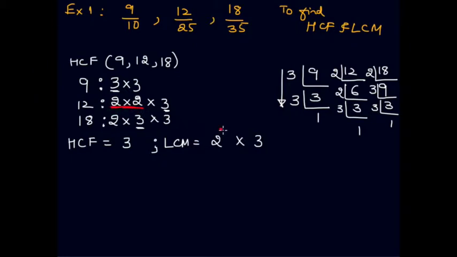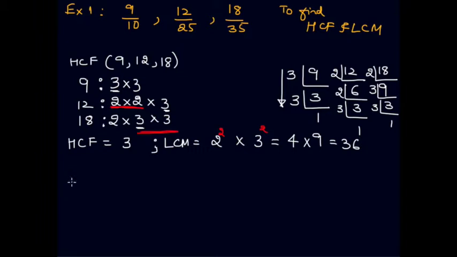So 2 raised to 2. And similarly, if you take 3, it's repeated twice in 18. So that again becomes 2. So the answer is 2 raised to 2 is 4, 3 raised to 2 is 9, which is 36. Okay. So now the HCF of numerator is 3 and LCM of numerator is 36.